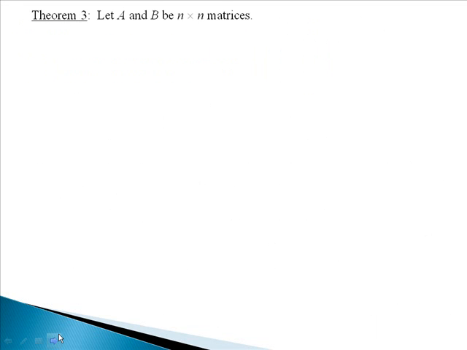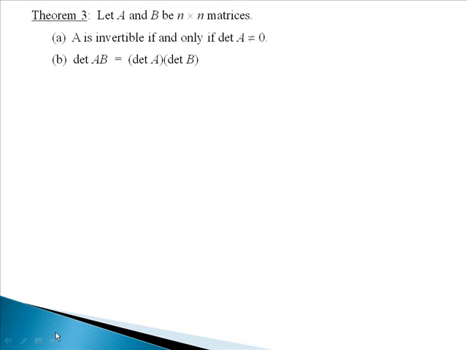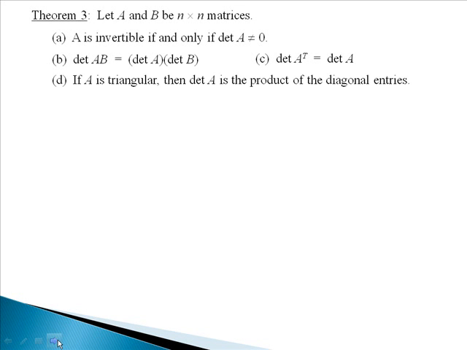So now let's look at Theorem 3. We're going to let A and B be n by n matrices. We know that A is invertible if and only if the determinant of A is not equal to 0. The determinant of A times B is the determinant of A times the determinant of B. The determinant of A transpose is equal to the determinant of A. If A is triangular, then the determinant of A is the product of the diagonal entries.